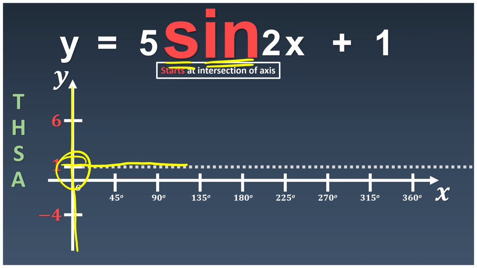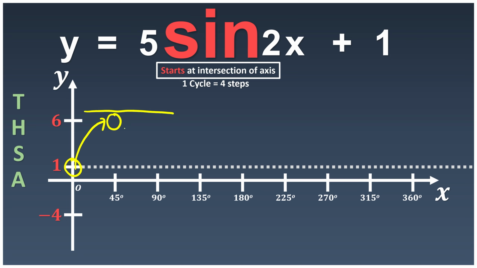And just a reminder again, one cycle means 4 steps. So if we start at axis, the next destination is going to be our maximum, but this is a wall, then we go back to axis, axis will follow to the minimum, and then bounce back again to the axis. So basically, this is the cycle.